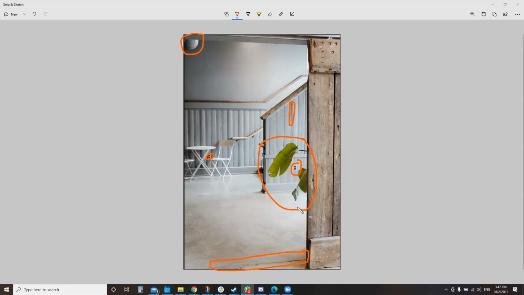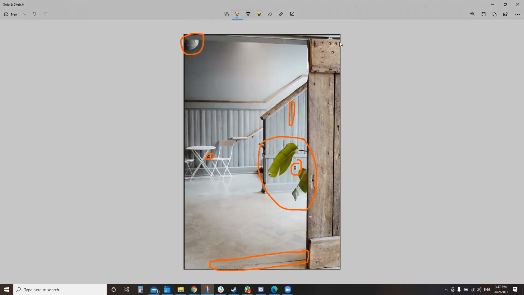So again, sometimes you might think, oh, maybe I want to remove this dot here also. I'm using a different color now. So maybe if I remove this dot, maybe I remove this hole, maybe I remove this staircase line, the picture might look better. No, not necessarily.